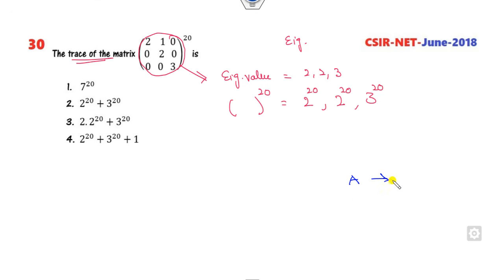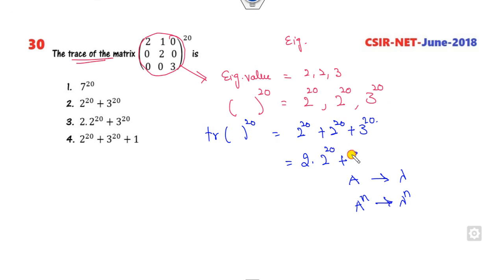If A has the eigenvalue lambda, A raised to power n has the eigenvalue lambda raised to power n. Then what is the trace of this matrix? You can simply add them. So this is the right answer. You can write it as 2 into 2 raised to power 20 plus 3 into 2 raised to power 20. So this option cancels, this cancels, only C is the right answer of the problem.